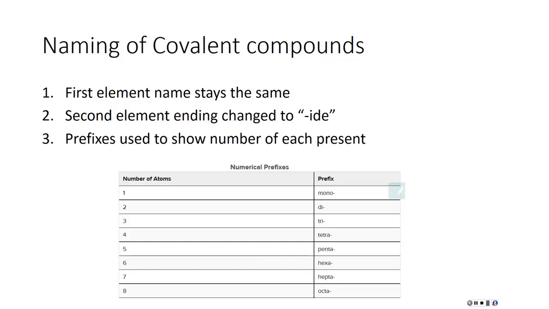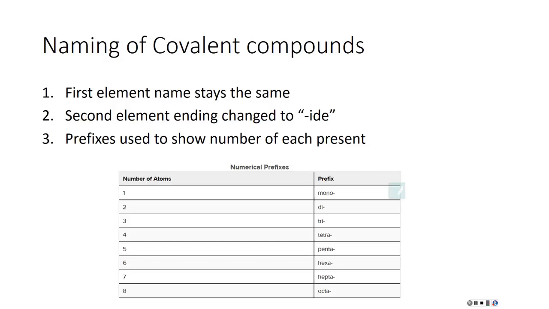So over here then, for CO2, we need to show how many we have for each of them. So for the carbon, we have 1 of them. So that's going to be mono. And the oxygen, we've got 2. So that becomes di. So one perfectly acceptable name for this class is monocarbon dioxide.